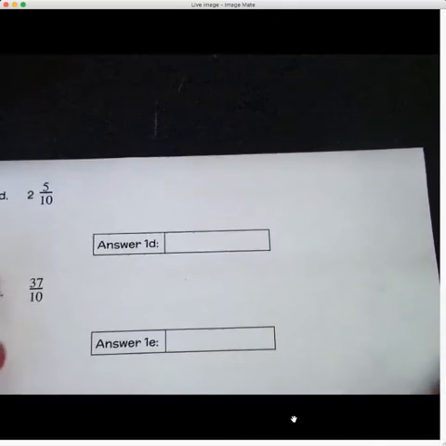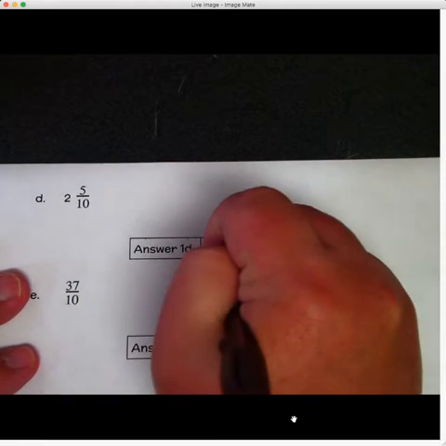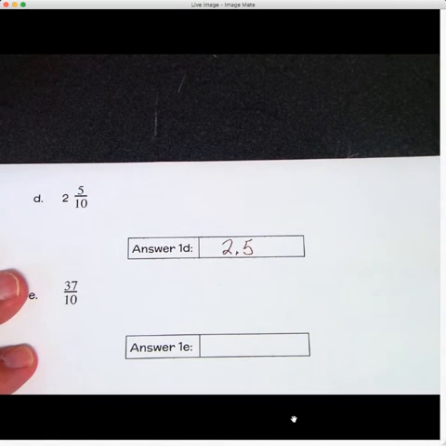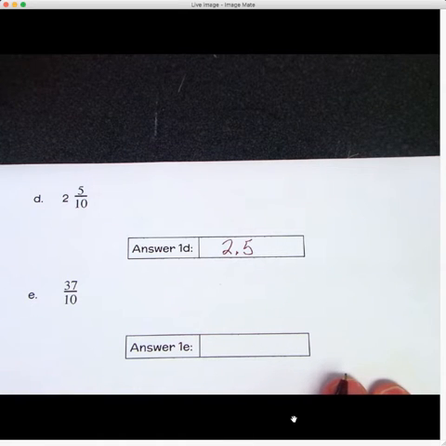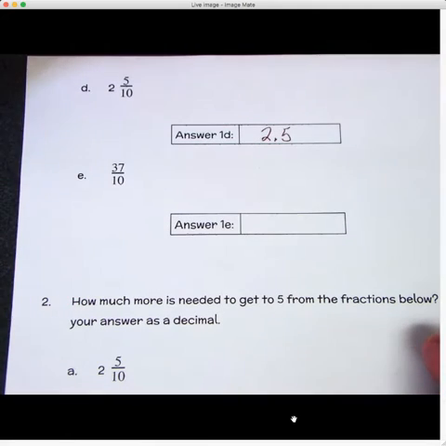2 and 5 tenths. That would be 2 and a 5 in the tenths place, 2.5. 37 tenths. What did we do when we had an improper fraction? We have to decompose it, don't we?